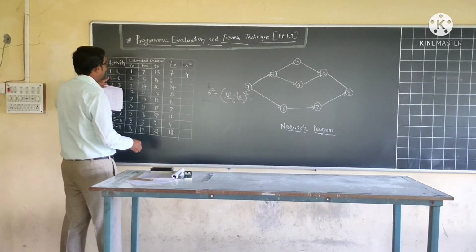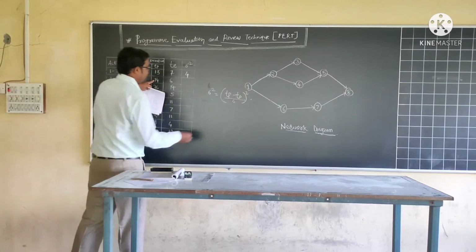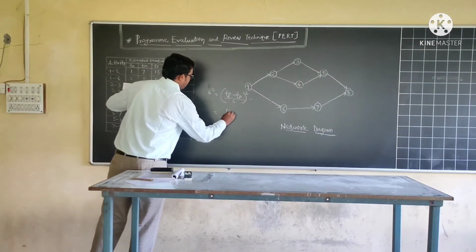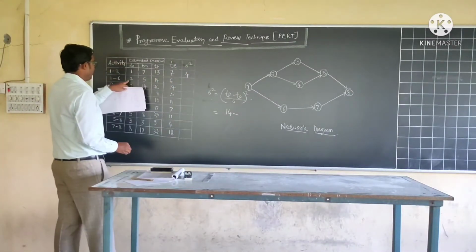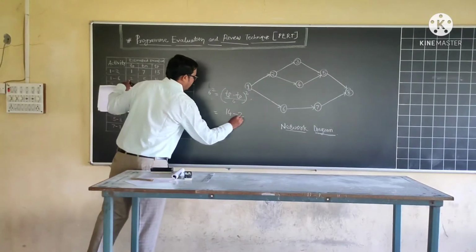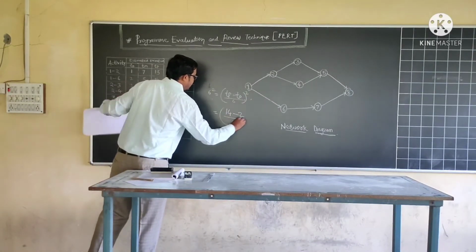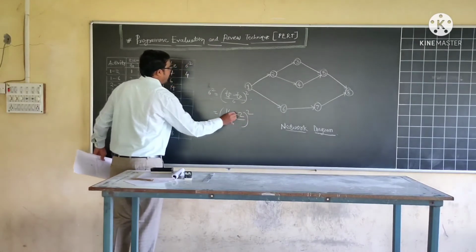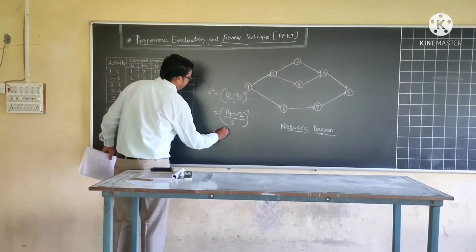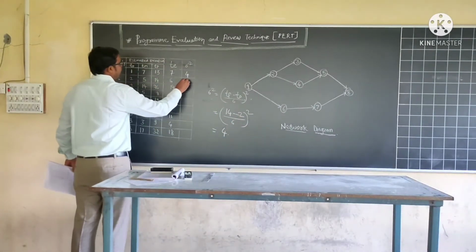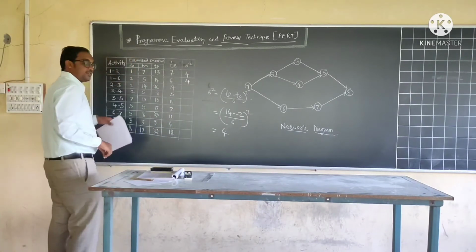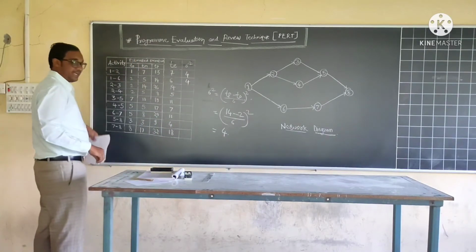Again do the calculation for the next activity, activity 1 to 6. Activity 1 to 6 has a value of TP 14 minus TO 2 divided by 6 bracket square. 14 minus 2 is 12, divided by 6 is 2, squared is 4. So the value comes to 4. Likewise do the calculation for all remaining activities.